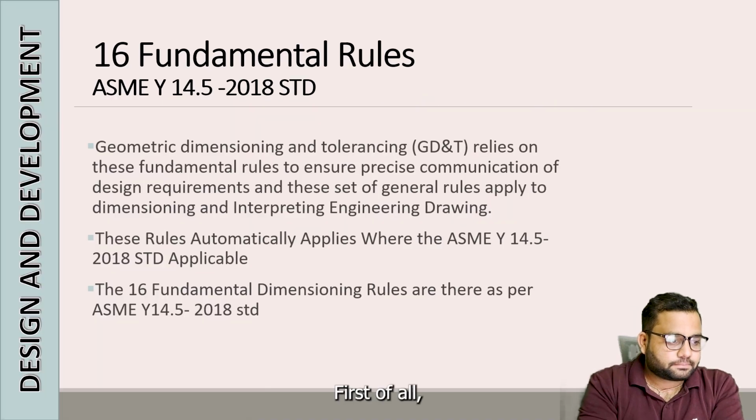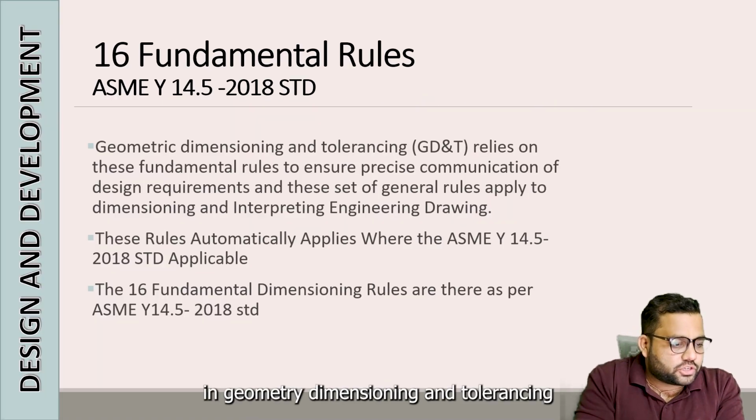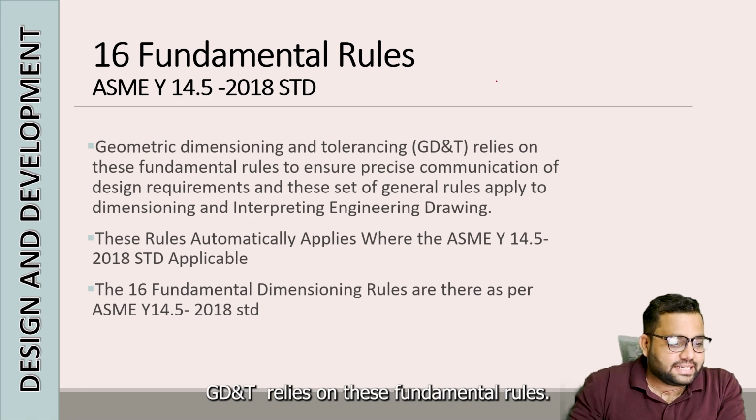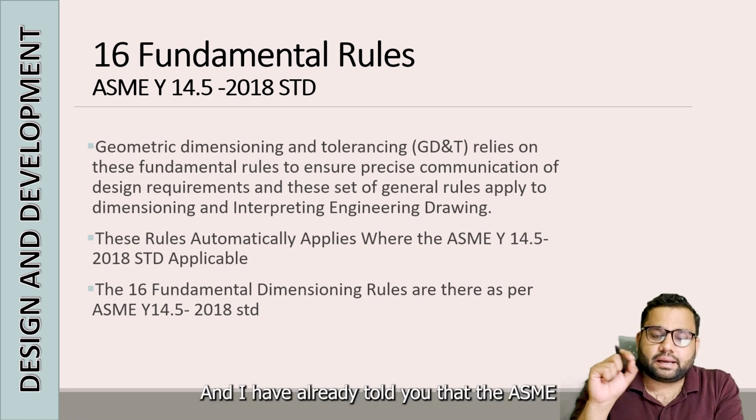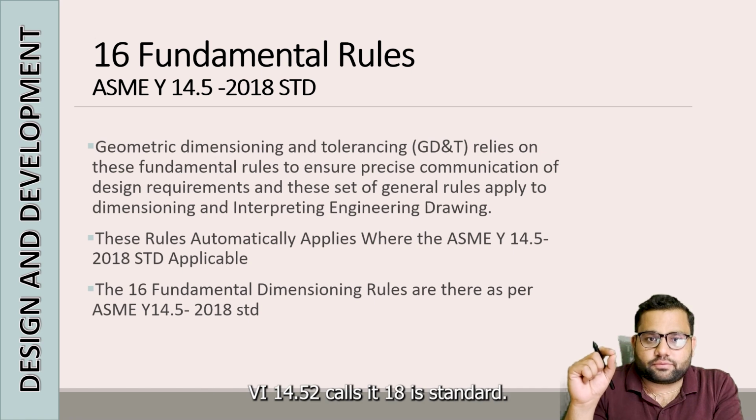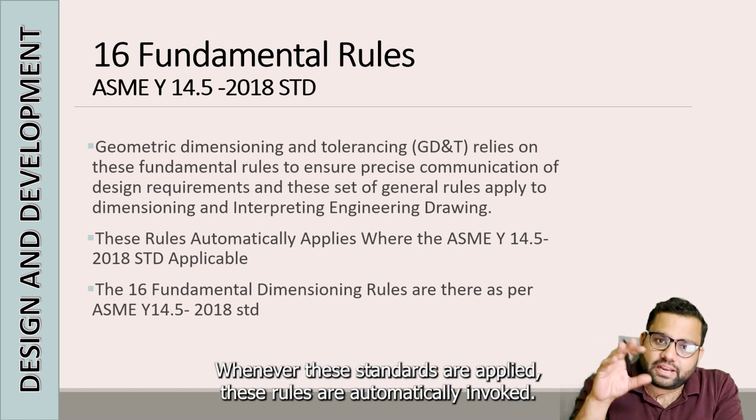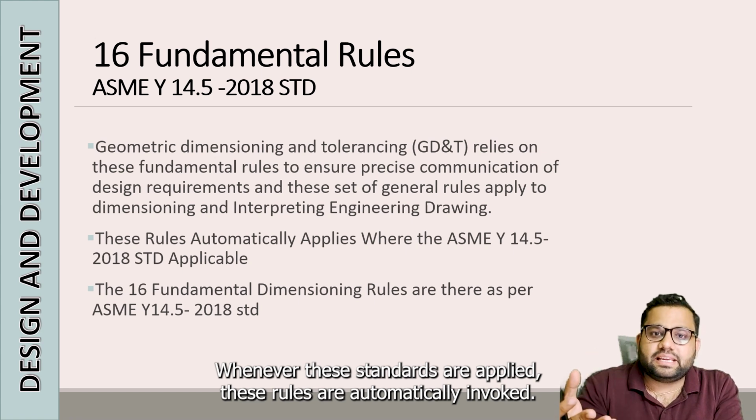First of all, in geometric dimensioning and tolerancing, GD&T relies on these fundamental rules. I have already told you that whenever the ASME Y14.5 2018 standard is applied, these rules are automatically invoked.